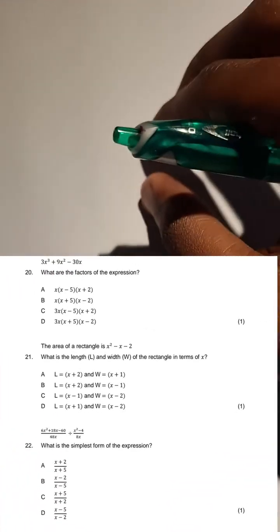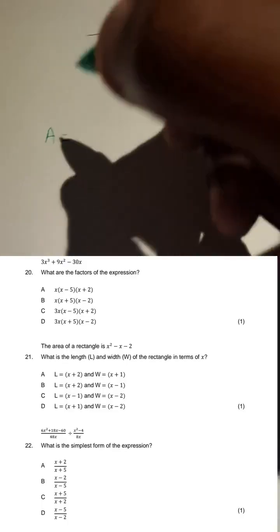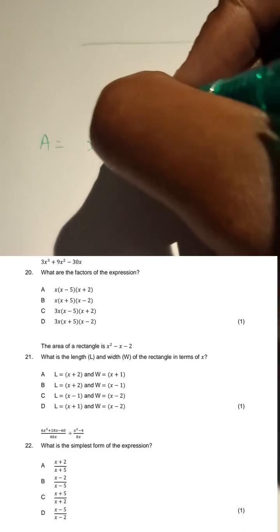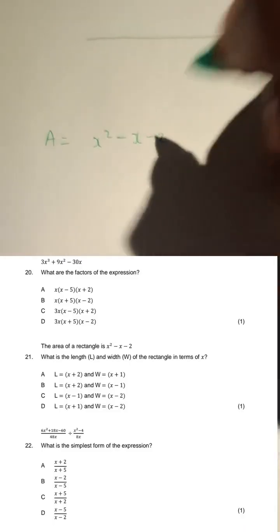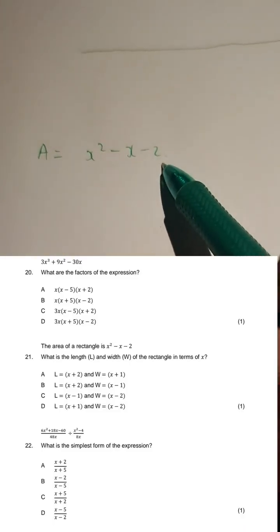So number 21, that's where we are at. The area of a rectangle is x squared minus x minus 2. This is the area, guys, of the rectangle.